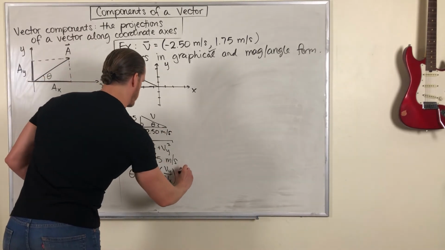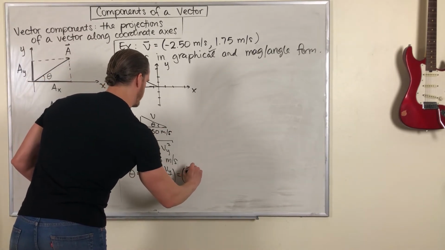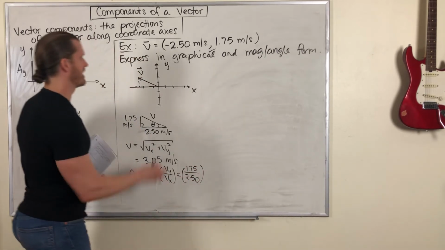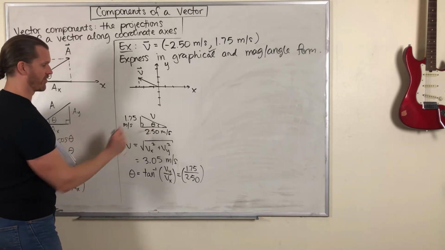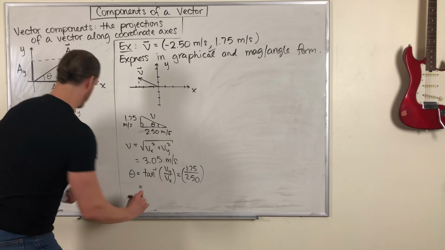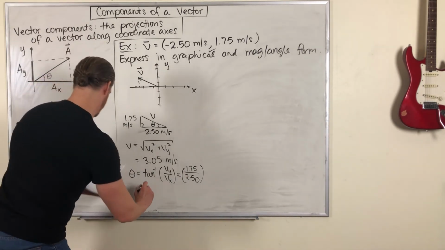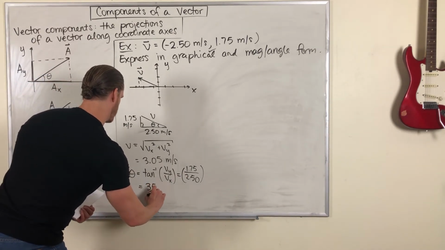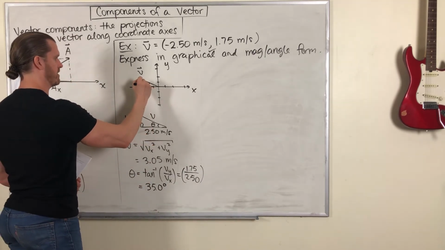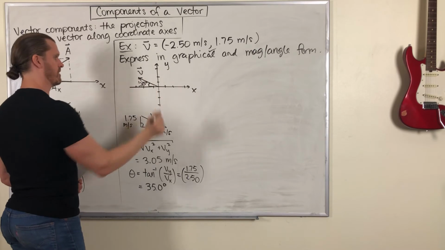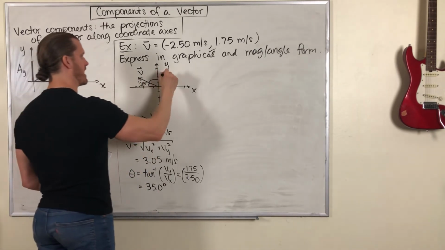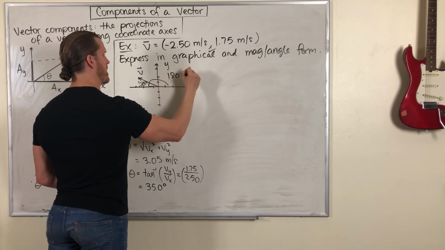So we'll just do 1.75 over 2.5, forgetting about this minus sign, because we're just looking at it purely as a triangle. That gives you an angle of 35 degrees right here, which means that this angle is 180 minus 35.